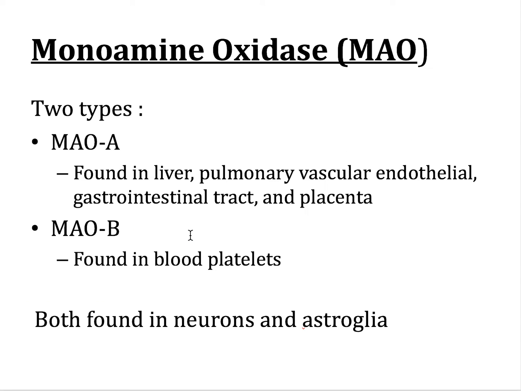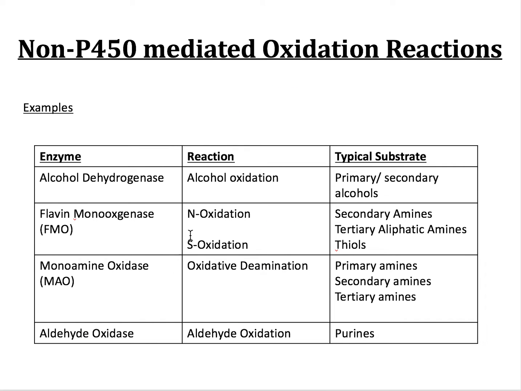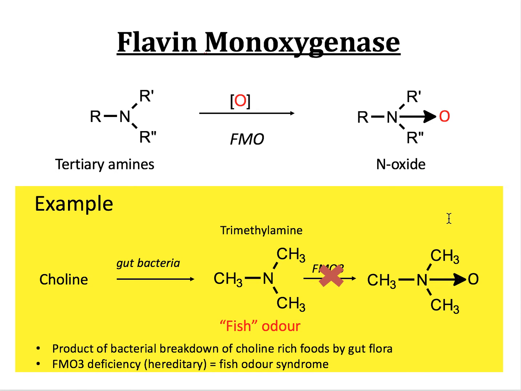Monoamine oxidases, MAOs, are another example, and these use oxidative deamination, so they can deaminate primary, secondary, or tertiary amines. If you think back, deamination involves producing a ketone as well as ammonia.